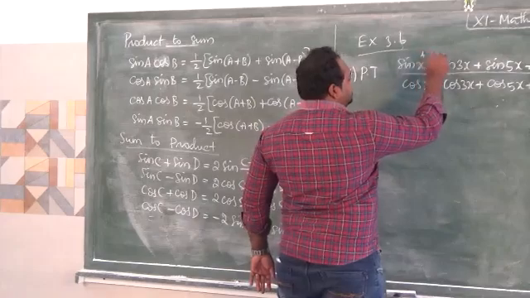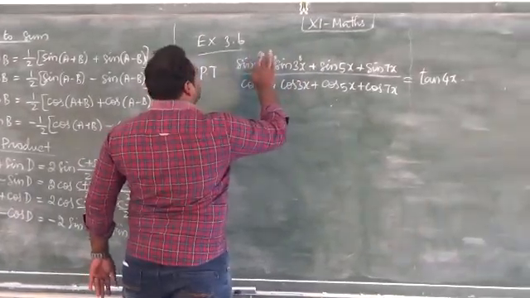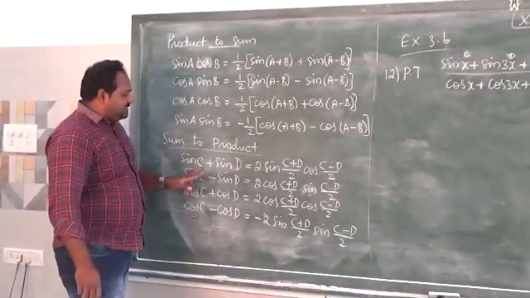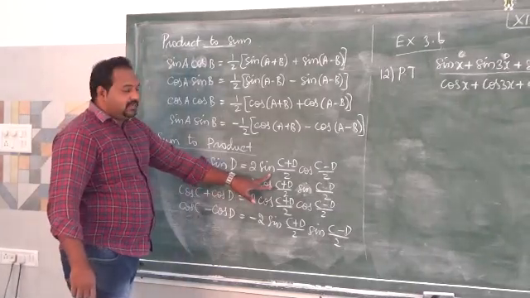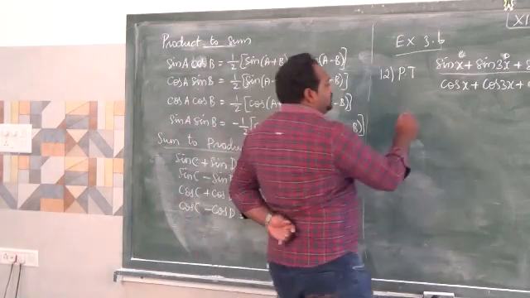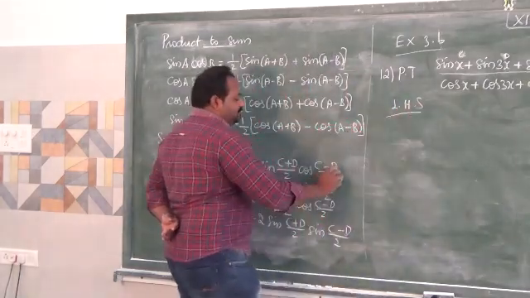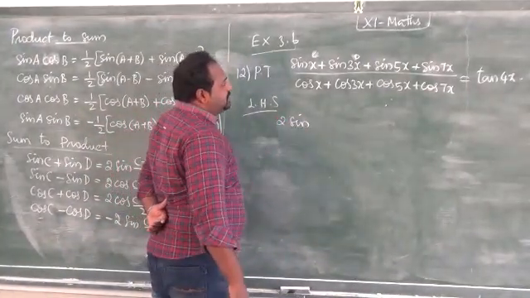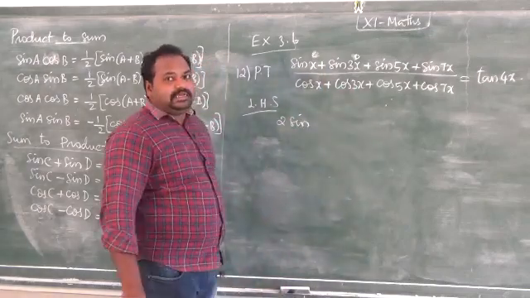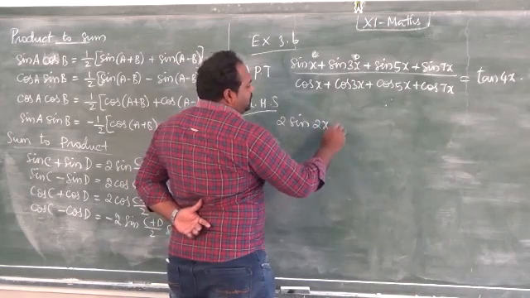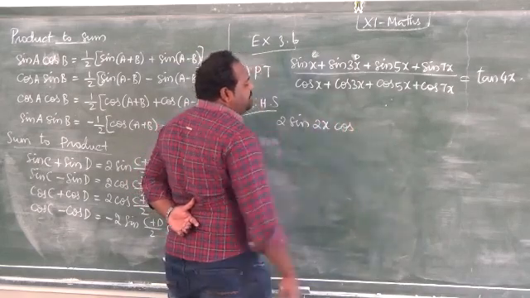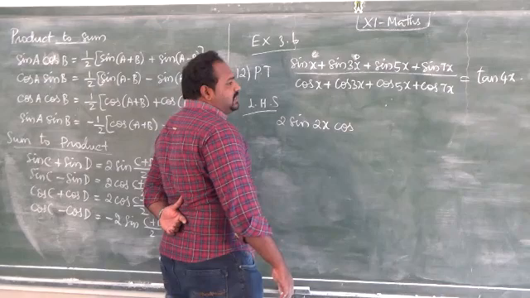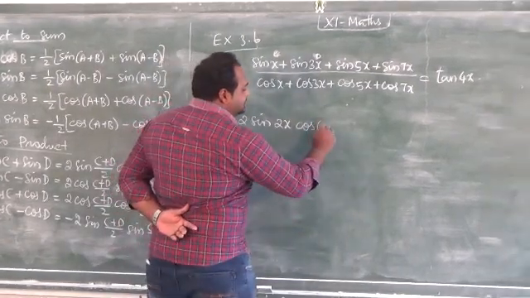Here I'm going to consider this as C and this as D. The formula for sin C + sin D is 2 sin((C + D)/2) cos((C − D)/2). On the LHS I use this formula: 2 sin((C + D)/2), where x + 3x is 4x, by 2 is 2x, times cos((C − D)/2), where x − 3x is −2x, by 2 is −x.